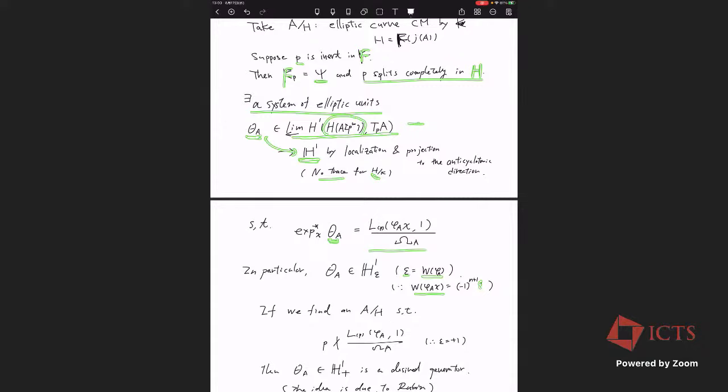So this means that if the sign has certain parity, this L value vanishes. So theta_A belongs to H^1 epsilon. The definition of H^1 plus/minus is the elements killed by the dual exponential map.